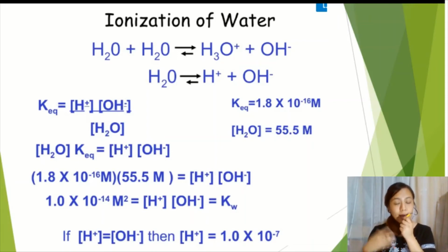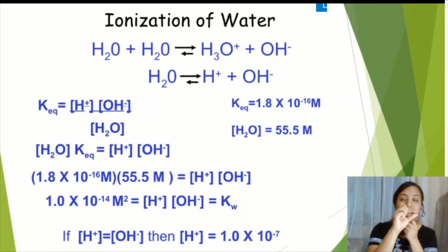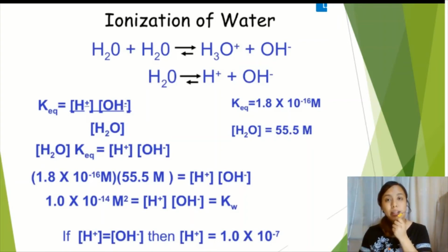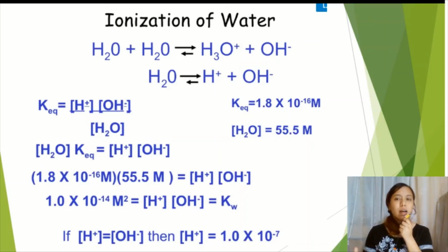In chemistry, the reactant and its product are always in equilibrium. Just search for Le Chatelier's principle since it is under your chemistry. But our theory is to attain equilibrium. So if I have reactants, these reactants will produce products, and these products will always be equal to the reactants that reacted.